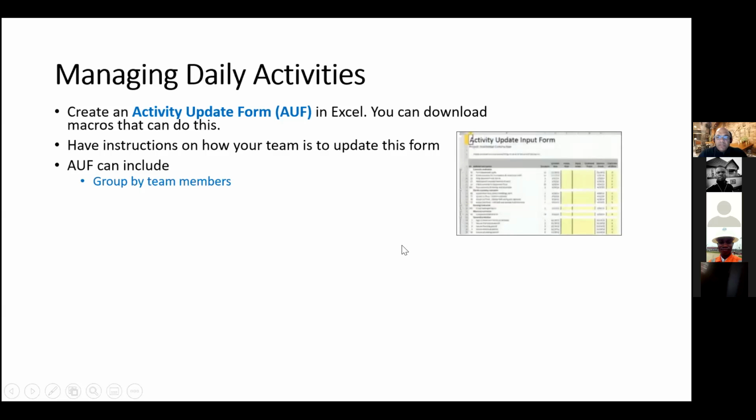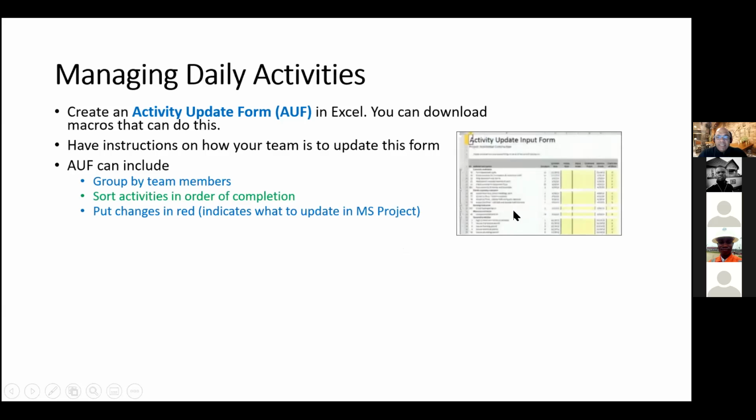So what are you going to include in this form? Okay, you want to be able to group your activities by team members. You want to be able to sort your activities in the order of completion. You want to be able to put any changes in red. So when your team updates this form, they can highlight in red the new items, right?